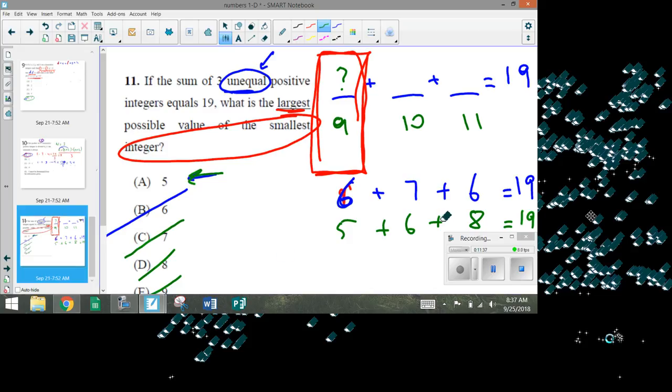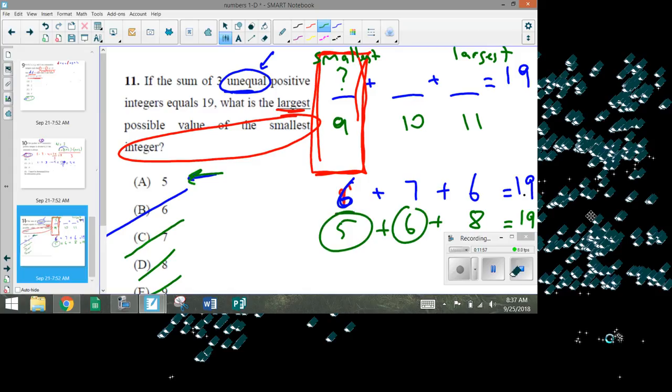Try 6. It didn't fit because there's not enough gap for the largest number. This is the smallest number and this is the largest number. The question is, what is the highest possible value of the smallest? So 5, 6, 8, the result is going to be 5.